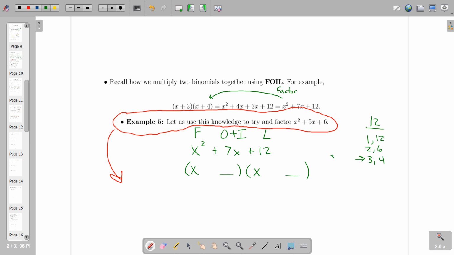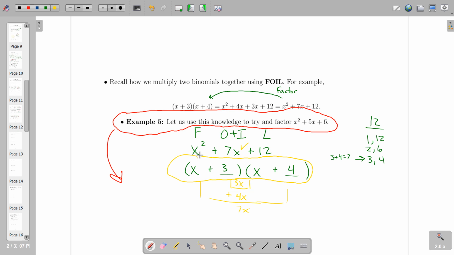But since 3 plus 4 is equal to 7, then I can confidently say, oh, okay, it must be 3 and 4. And it's always good to double check your work on these types of things. You can say, all right, well, there's my inside, and there's my outside. If I add them, do I get 7x? Yes, I got the same thing that I started with. And so that is our answer.